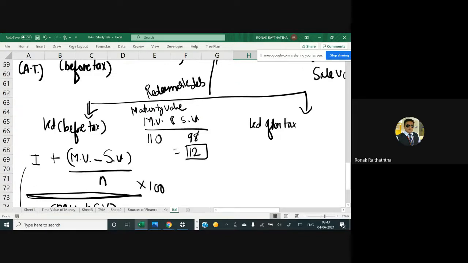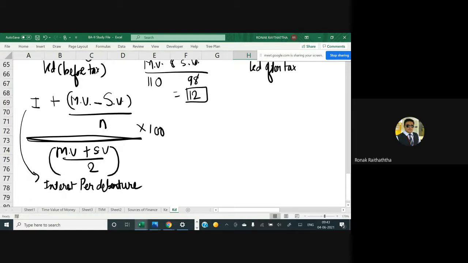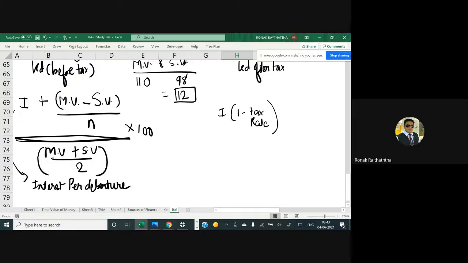And the formula of the KD after tax remains the same. Only one difference will take place, that is I into bracket 1 minus tax rate, because you get the tax rate benefit on this interest amount as well, right?